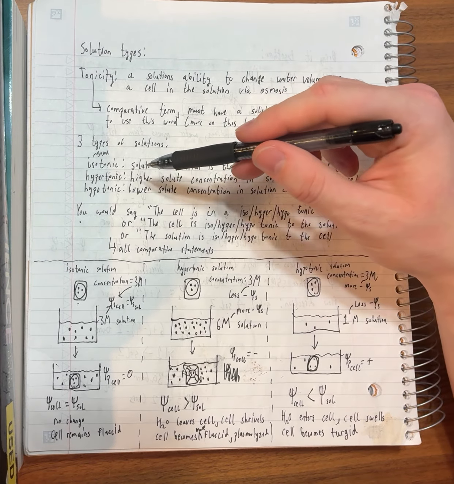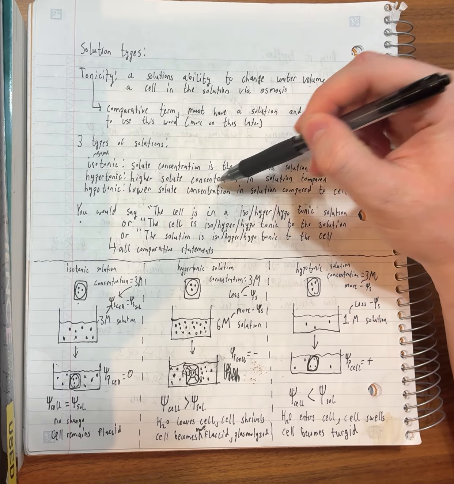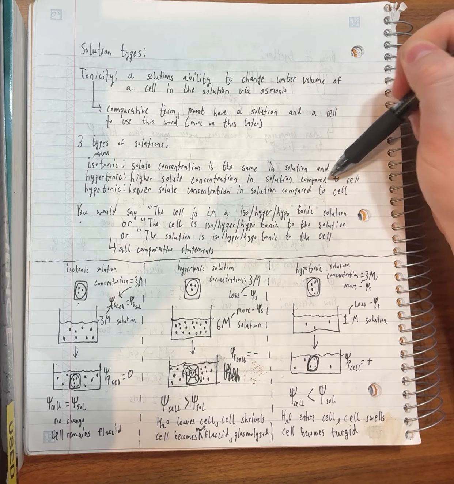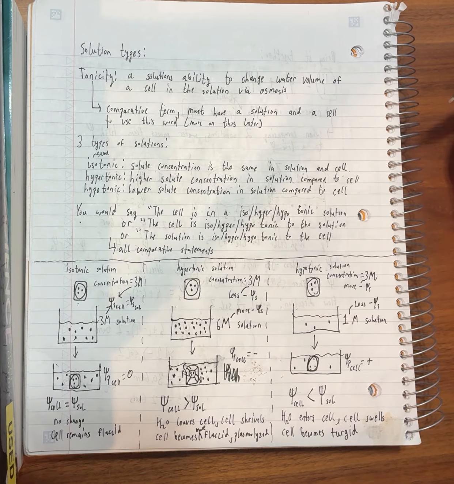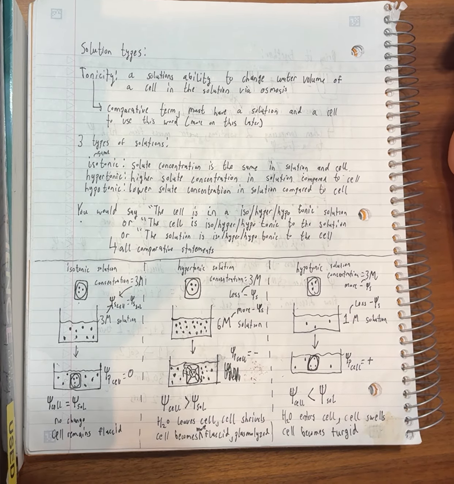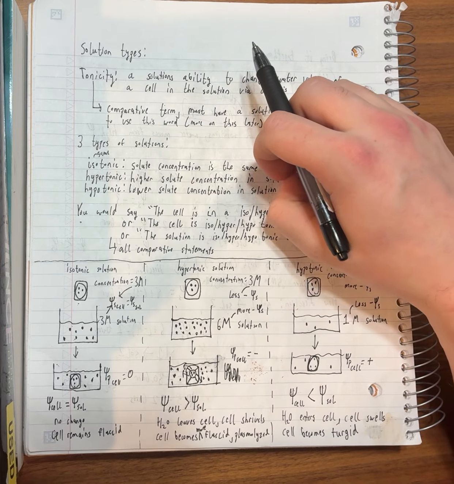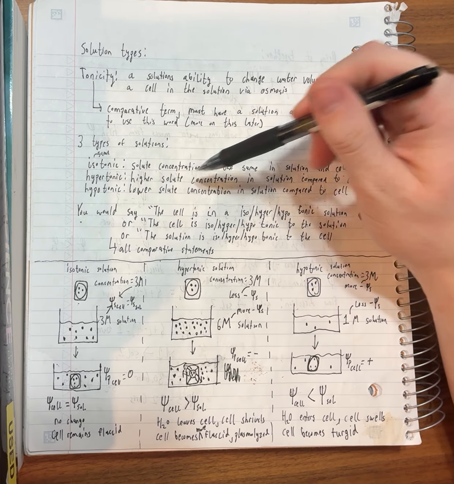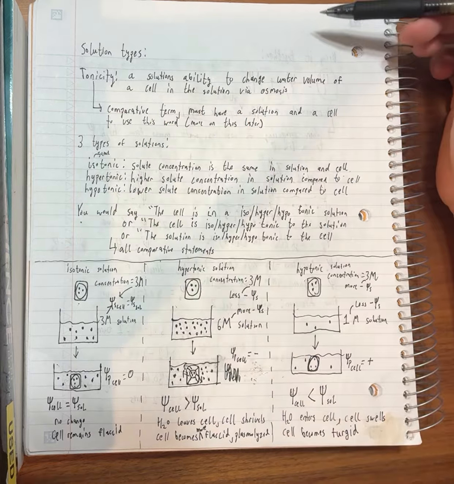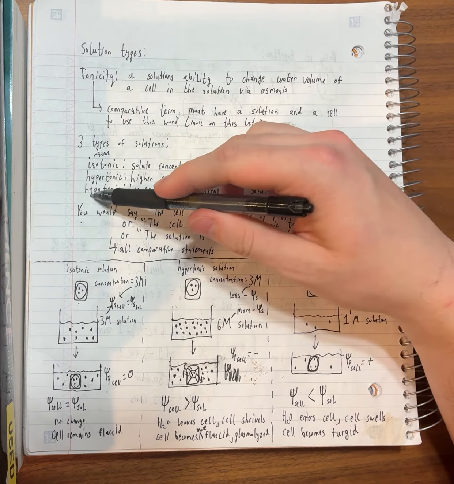Hypertonic means there's a higher solute concentration in the solution compared to the cell. So that would be a hypertonic solution. That means the water that I put my cell in is really salty, and the water inside the cell is not very salty. Then the last one is hypotonic.